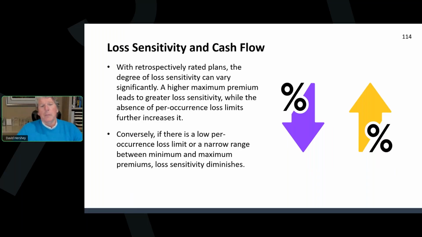So the greater the risk to the insured in terms of losses, the greater the overall increase in financial risk to the insured because of the changes in the premium, and then of course the obvious, which is you're going to pay for your losses. However, if we take some of that variability out of it, the minimum is higher and the maximum is lower. In other words, the part in the middle that the insured is responsible for narrows. Well, then it's going to be a more expensive plan. So, it's risk versus cost.